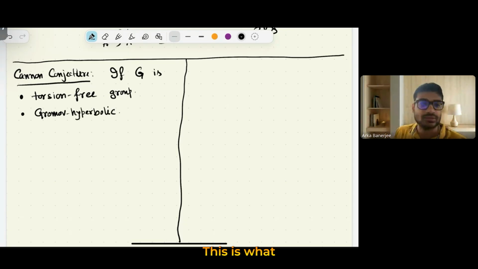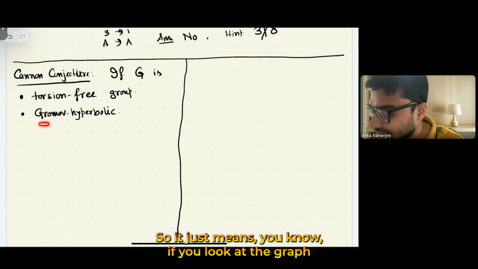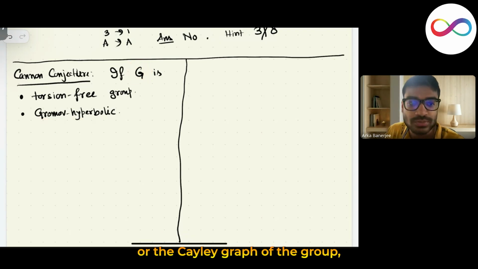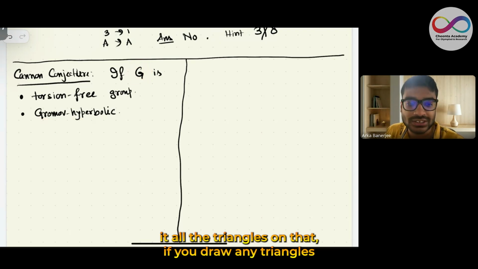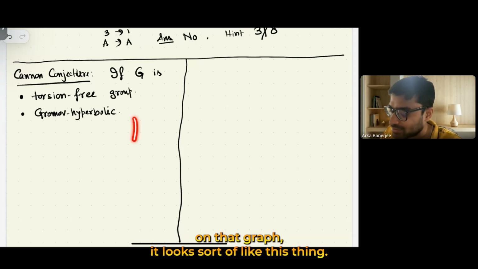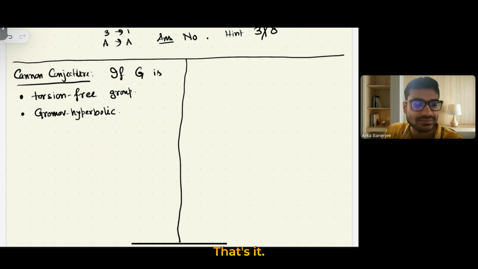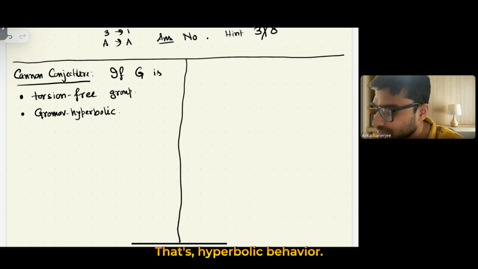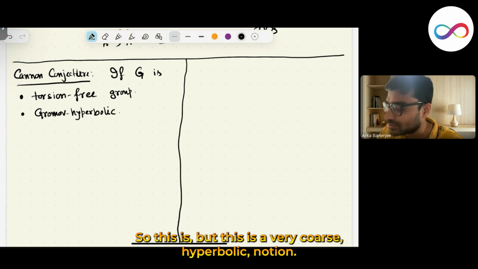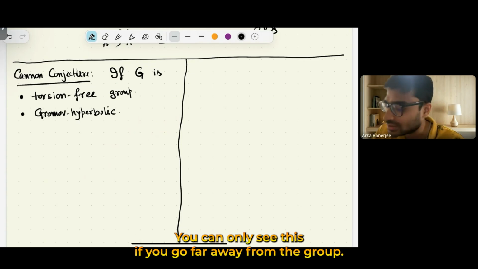This is what I mean by roughly hyperbolic. It just means that if you look at the Cayley graph of the group, and you draw any triangles on that graph, they look sort of thin. That's a hyperbolic behavior. This is a very coarse hyperbolic notion. You can only see this if you go far away.